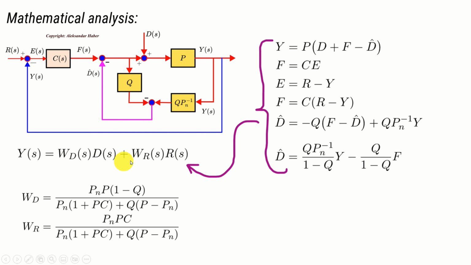Then we have plus the transfer function Wr of s. This is the transfer function from the reference signal to the output, multiplying r of s. It is easy to show that from these equations, Wd of s and Wr of s are given by these two equations.